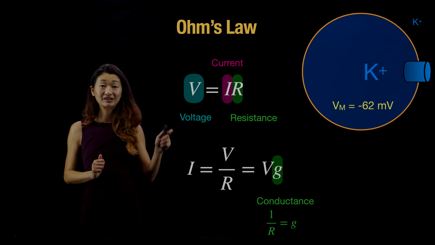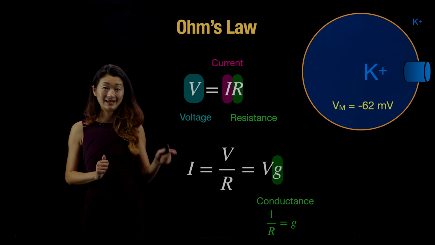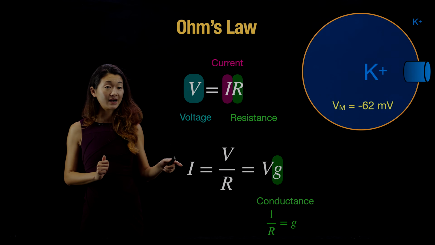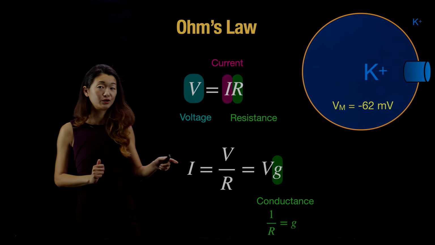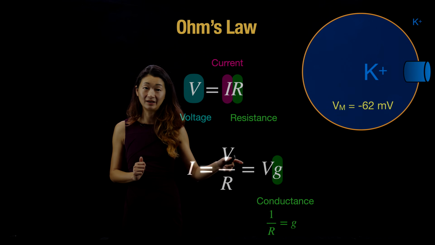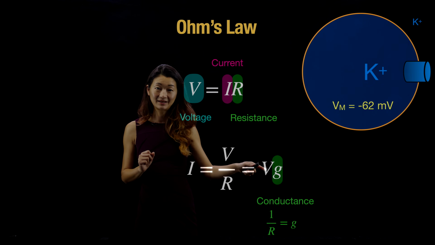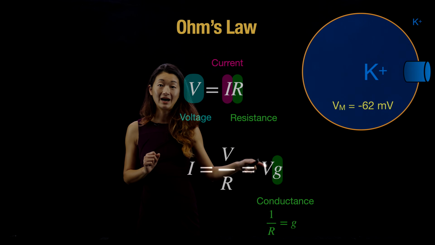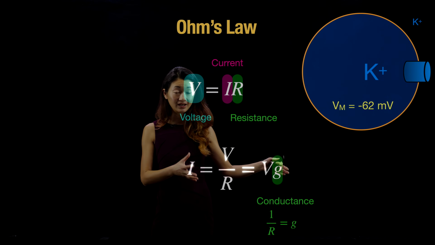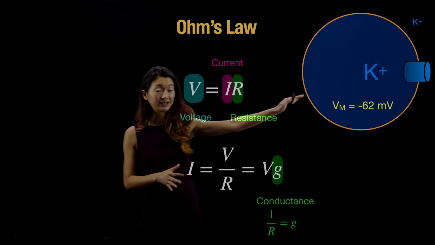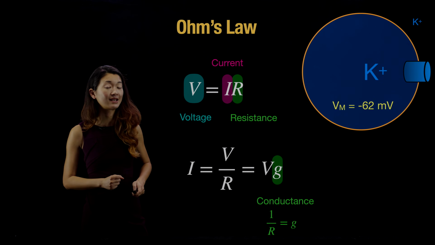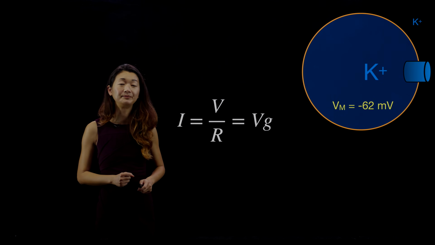So the flow of ions in and out of the cell is going to be proportional to the product of the voltage, some kind of voltage driving force, and the conductance, the number of open ion channels through which that ion can pass. That's what we're expressing here in this version of Ohm's law, interpreted through the lens of neuroscience and the electrical properties of the neuron.